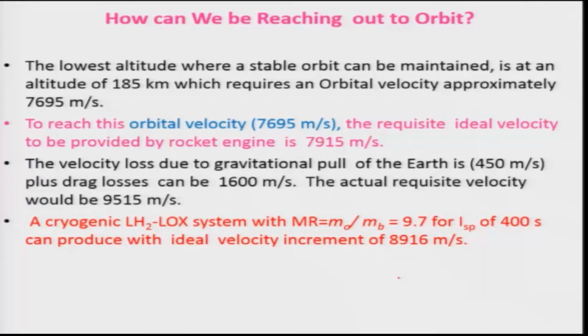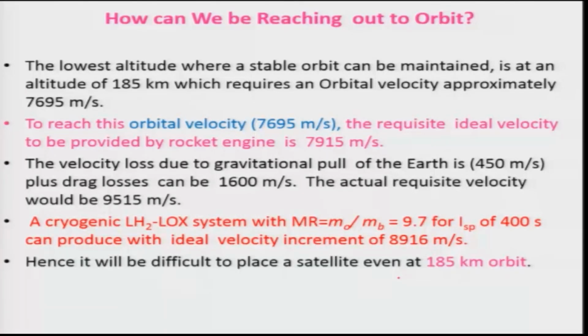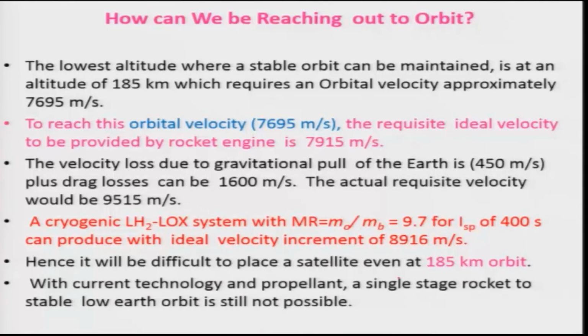That means even with the best engine, we cannot really send the satellite to the stable orbit at 185 kilometer from the earth surface. So, it is difficult to place a satellite even at a 185 kilometer orbit. With current technology and propellant, a single stage rocket to stable orbit is still not possible, as you can see from this discussion.